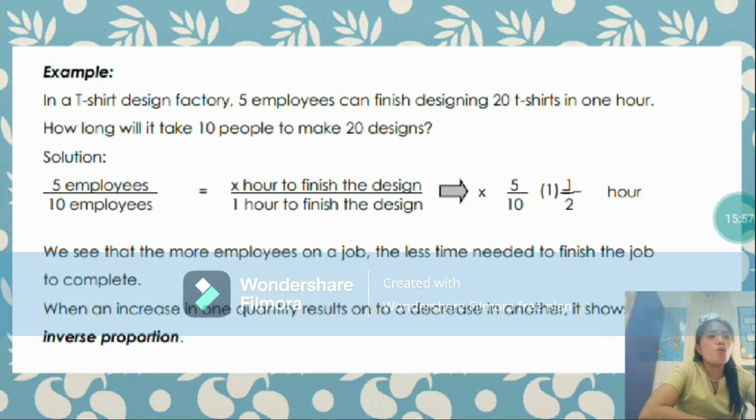Then x will be equal to 5 over 10 or 1/2. So you have a half hour. Okay, so we see that the more employees on a job, the less time needed to complete the job. When an increase in one quantity results in a decrease in another, it shows an inverse proportion.